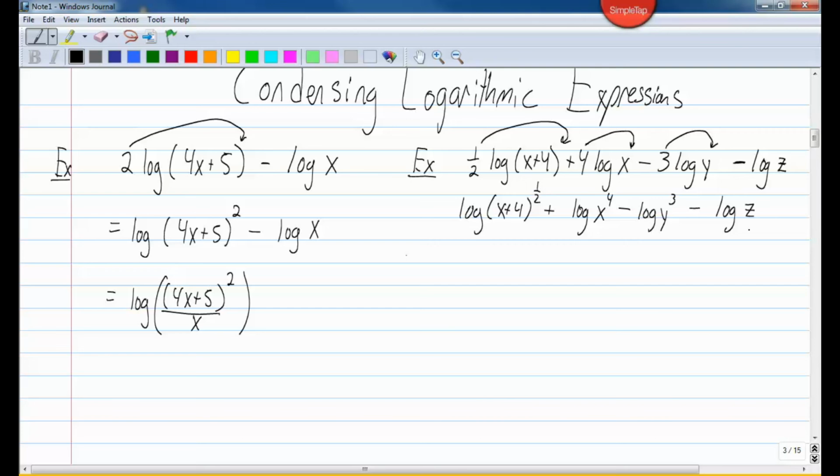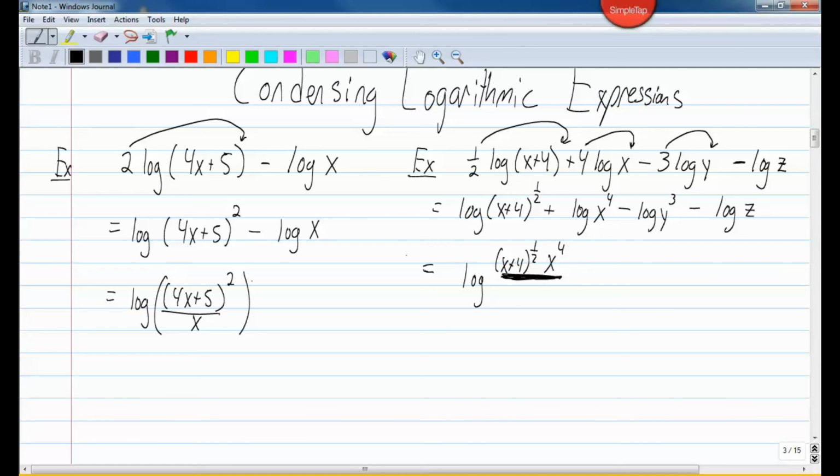Alright, now that I've applied the power rule everywhere, I want to take all of my positive logarithms. I'm going to make one logarithm and a fraction. And all of my positive logarithms, I'm going to take those and I'm going to make that a product in the numerator. So this is x plus 4 to the 1/2 times x to the 4th. And you can write the x to the 4th in the front or first in the numerator if you want to.